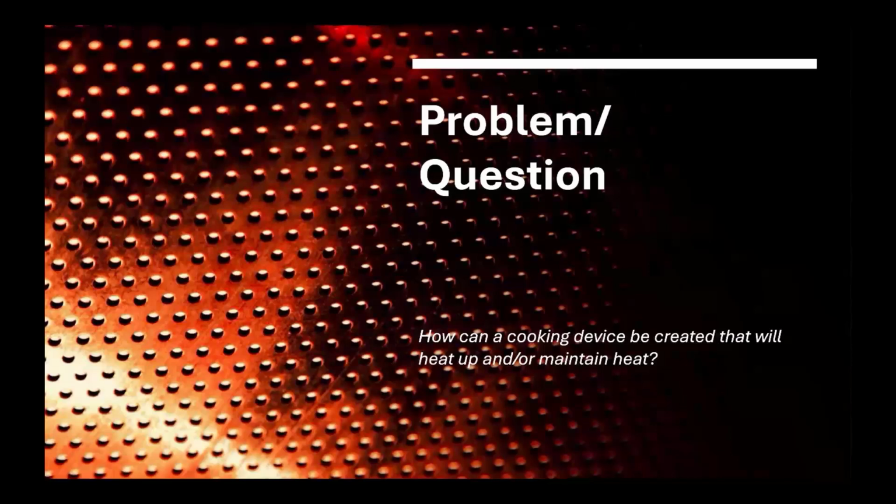My standard and my phenomena is what drives my instruction. The students always refer back to that, because the way they view a phenomena is, how can I answer this phenomena, or how would I answer that question? So the problem that they have been given is, how can a cooking device be created that will heat up and or maintain heat?